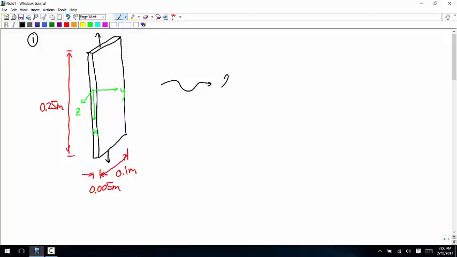And after the deformation, the length along the X axis is 0.25022, and along the Z axis is 0.09998. There's three 9s and then an 8.